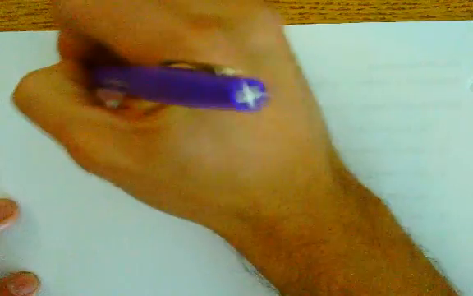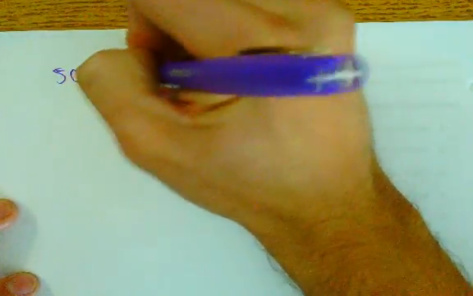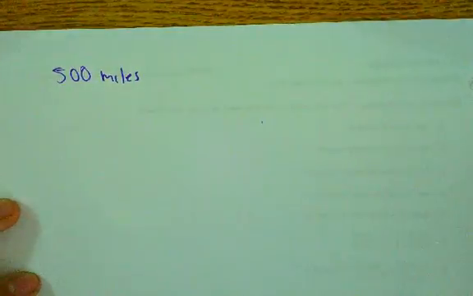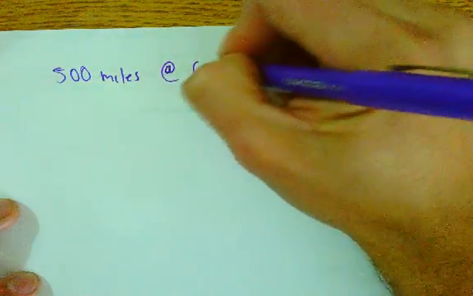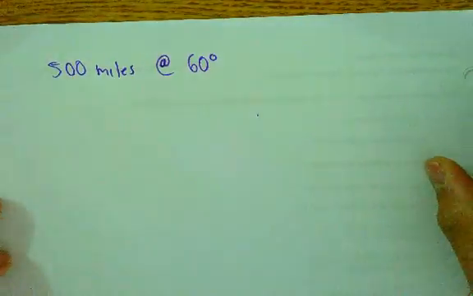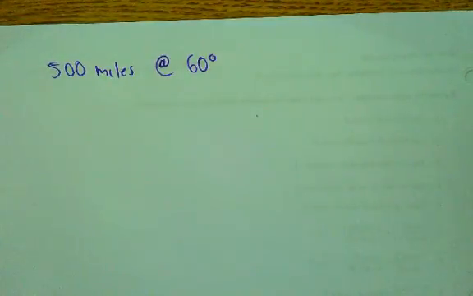I don't want to write the word problem, so here we go. You have an airplane that is flying for 500 miles at 60 degrees. This plane is flying, and during the flight there was a storm, and then they have to change directions to avoid the storm.